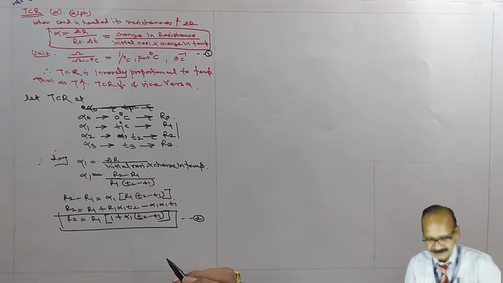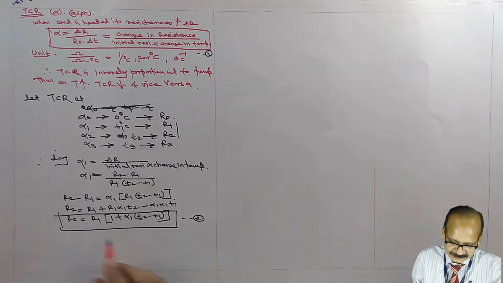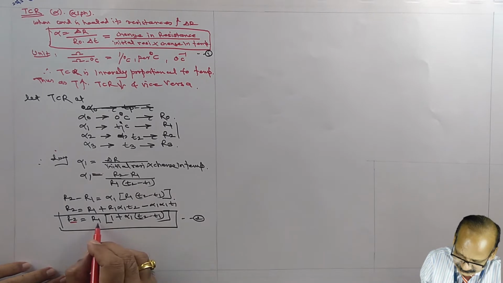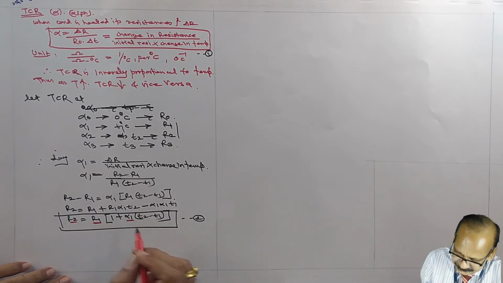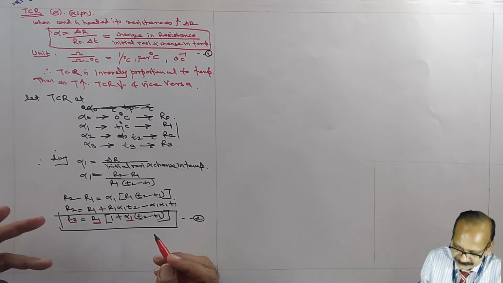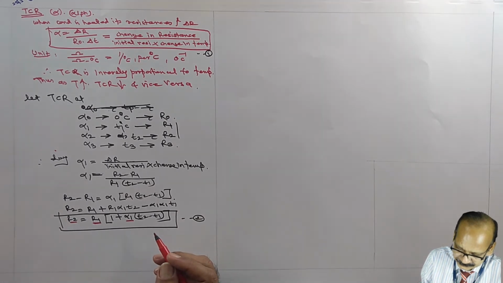Note that here this is the final resistance, this is the initial resistance, and this TCR is at the initial temperature.